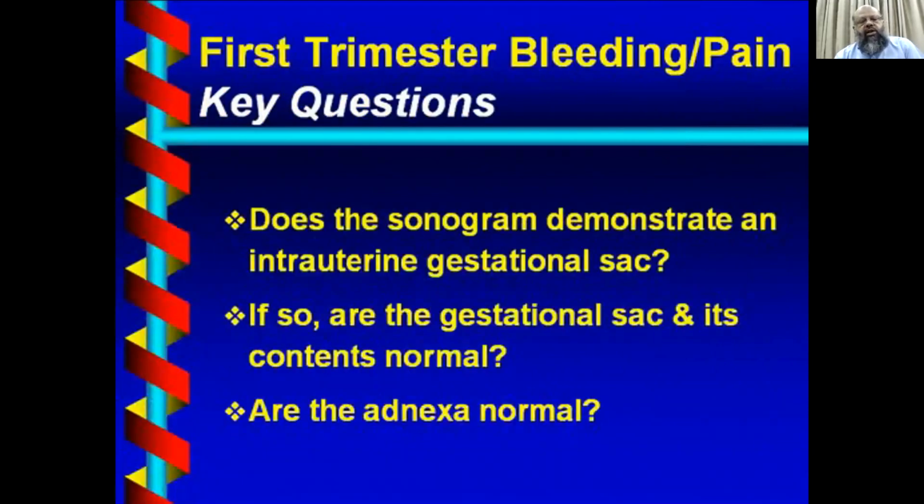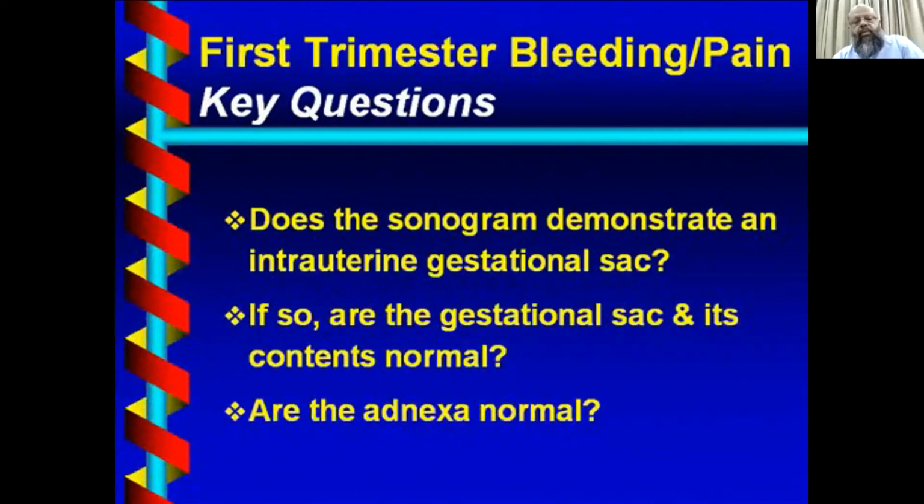Now, in such conditions, the key questions will be: does the sonogram demonstrate an intrauterine gestational sac when we are scanning? On our ultrasound, the report is demonstrating evidence of intrauterine pregnancy. Are the gestational sac and its contents normal?